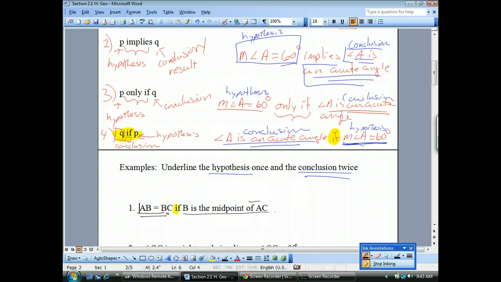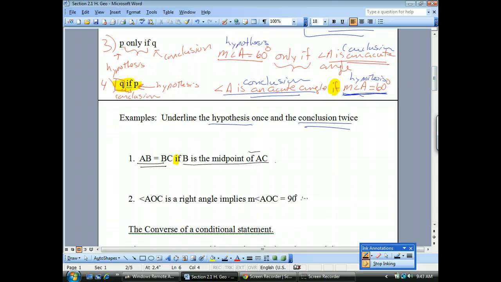If I was going to write this in the standard if-then form, it would look like this: if B is the midpoint of AC, then length of AB equals length of BC. So that is the regular form, but in this case it's written backwards.